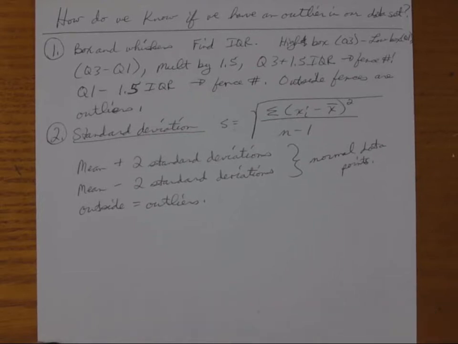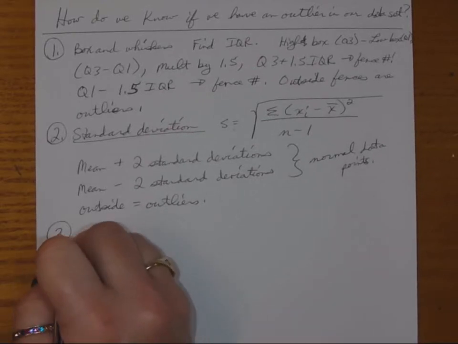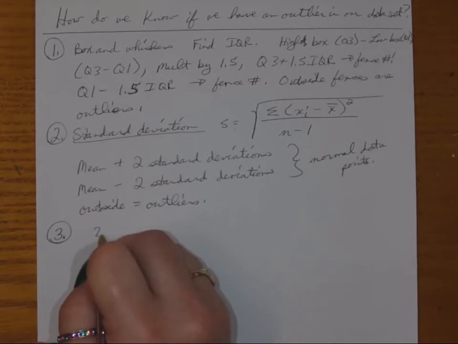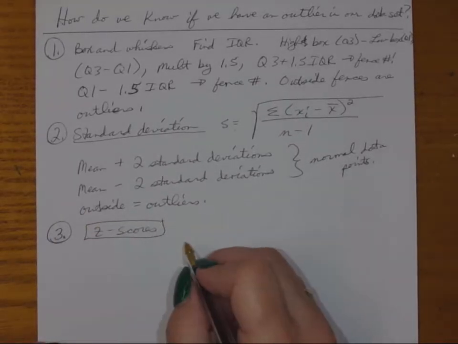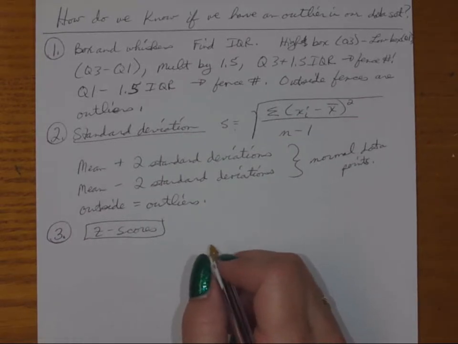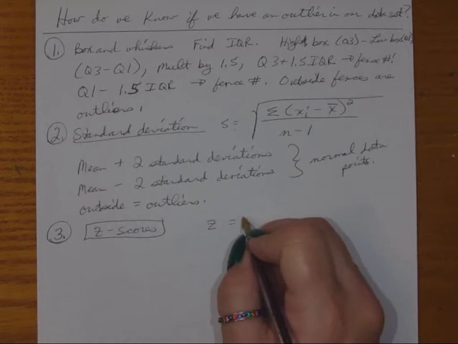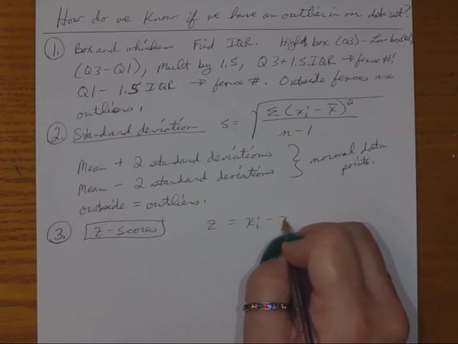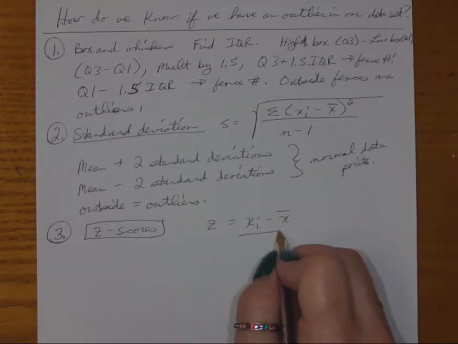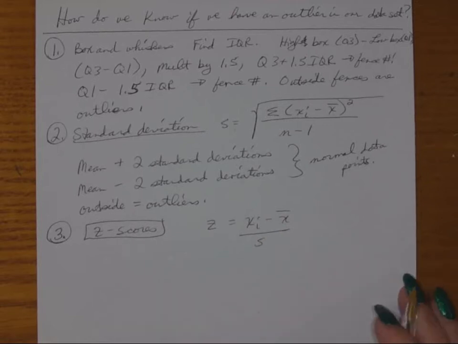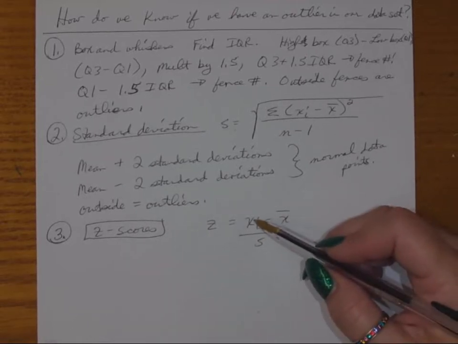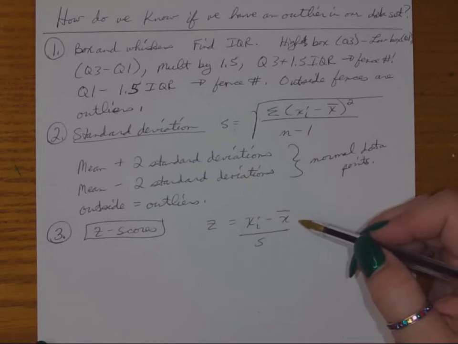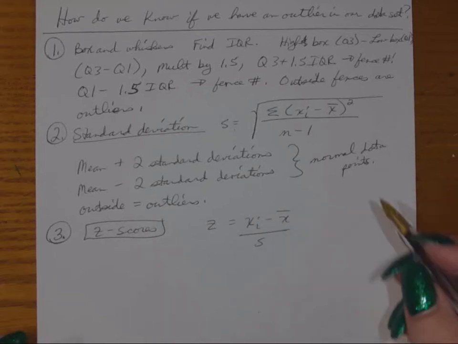And now for our third technique, this is the one we're going to look at now, z-scores. First of all, we need a little formula. Z equals x sub i minus x bar, divide by s, where we know what all these things are. X sub i is an individual data point, x bar is our mean, and s is our standard deviation.